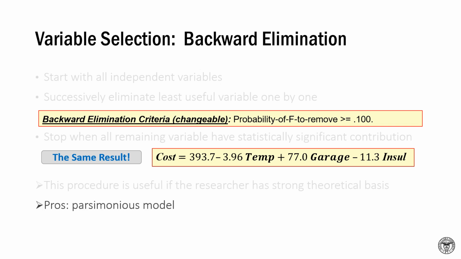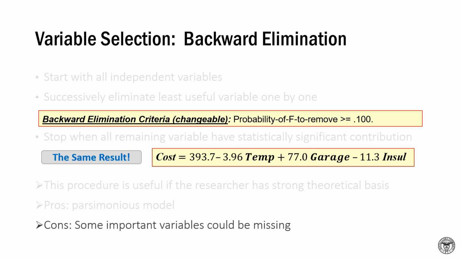The advantages and disadvantages of backward elimination are similar to those of forward selection. That is, backward elimination can lead to a parsimonious model, as it only includes the most important independent variables in the final model. However, some important variables might be missing in the final model.